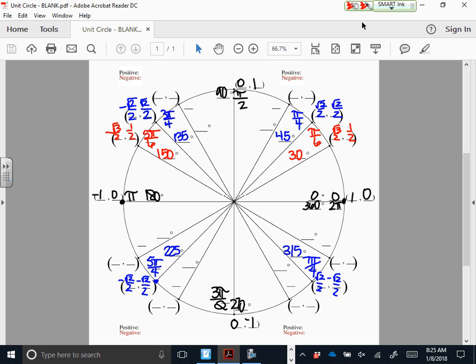All right. In the third quadrant, we are 30 degrees past 180. How many is that? 210. We are pi over 6 past pi.